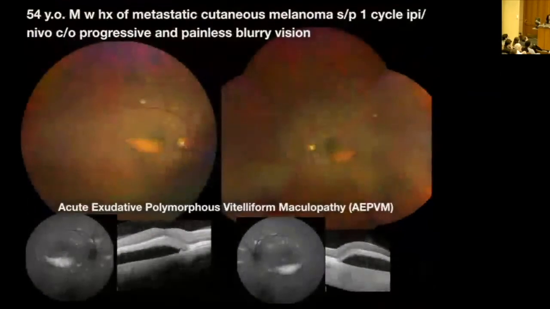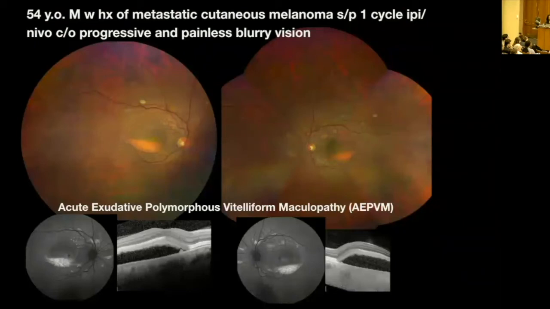This is another case of a 54-year-old man with a history of metastatic cutaneous melanoma who received 1 cycle of combination therapy and complained of progressive visual loss. Here you can see pockets of subretinal fluid, and you see yellow material. It's forming a little bit of a meniscus. We call this vitelliform material.